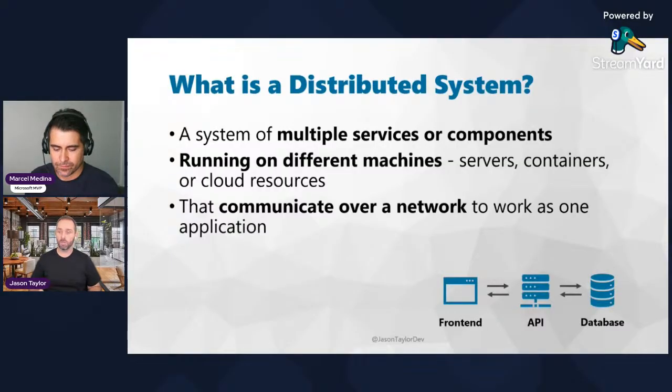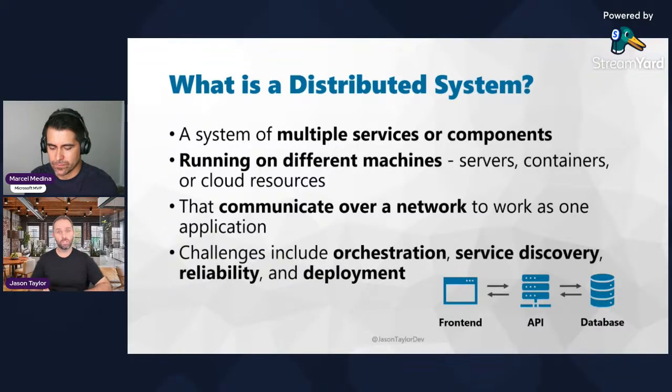Here's a simple but common distributed system. We've got a web front end, a web API backend, and a database. Now, whether your system looks small like this or grows into something much larger and more complex, the same challenges show up. We have orchestration, service discovery, reliability, configuration, observability, and deployment.